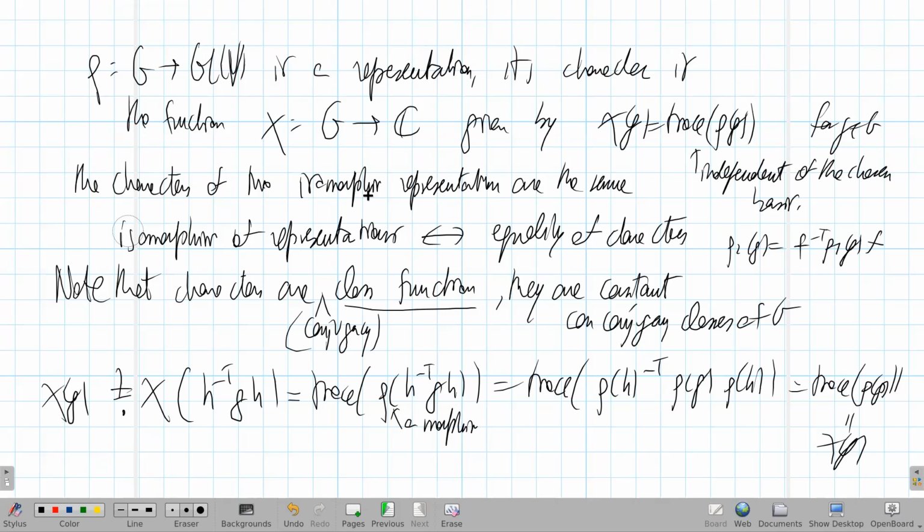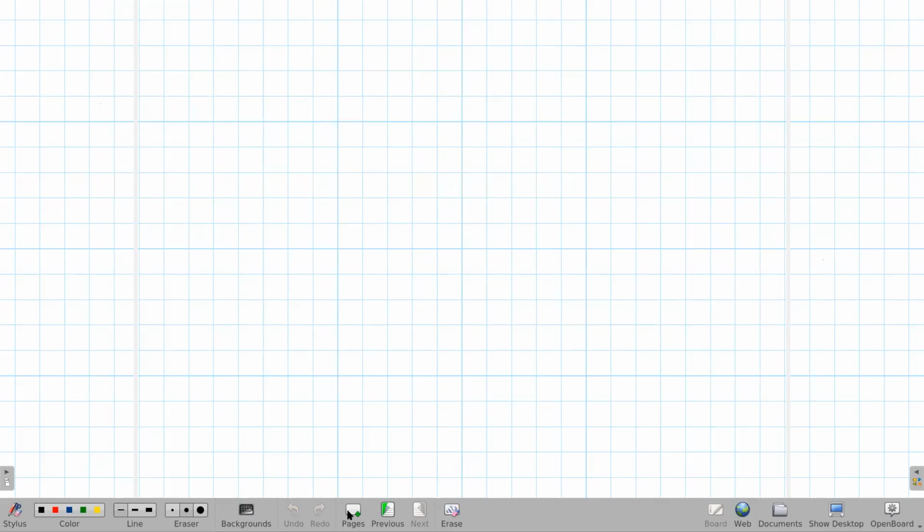And if you have two isomorphic representations, because of this, the characters are the same. But also the converse holds. Why? Because we can define, let's say, if f1, f2 are two functions from G to C, you can define a certain inner product.